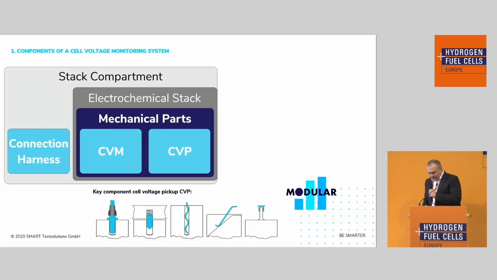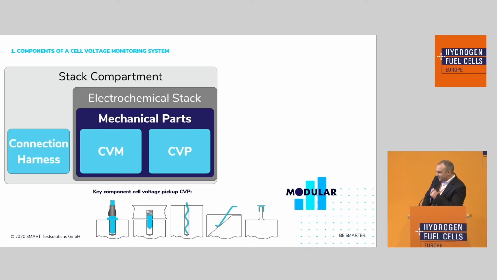So first of all, the components of a cell voltage monitoring system is the CVM. This is the electronic component that measures the individual cell voltages. It's situated close to the electrochemical stack. That can be a fuel cell, an electrolyzer, or a redox flow battery. That is possible as well. Close to the CVM will come the cell voltage pickup, CVP.